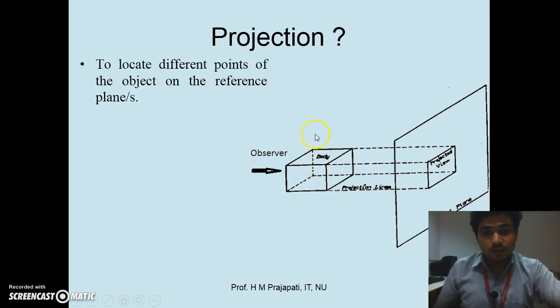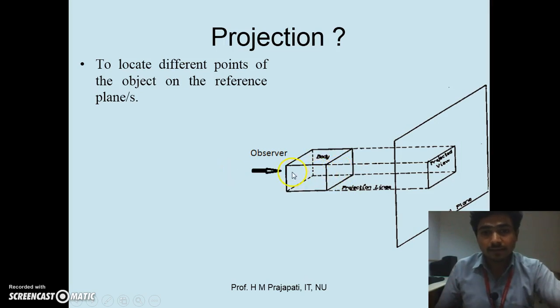Now here, if you compare this case with a shadow, when a shadow appears on a wall when we throw a light with the help of a torch. Suppose the torch is over here, and the object is there.